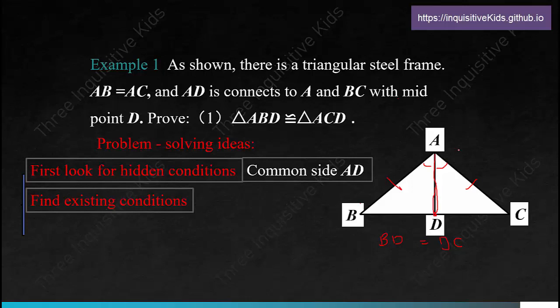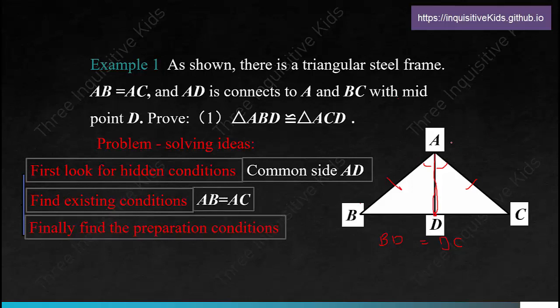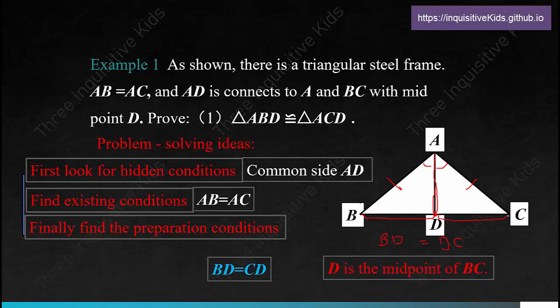Next, we find existing conditions: AB is equal to AC. Finally, we find the preparation conditions, which would be BD is equal to CD, or DC. So these 2 line segments are equal because D is the midpoint of BC.